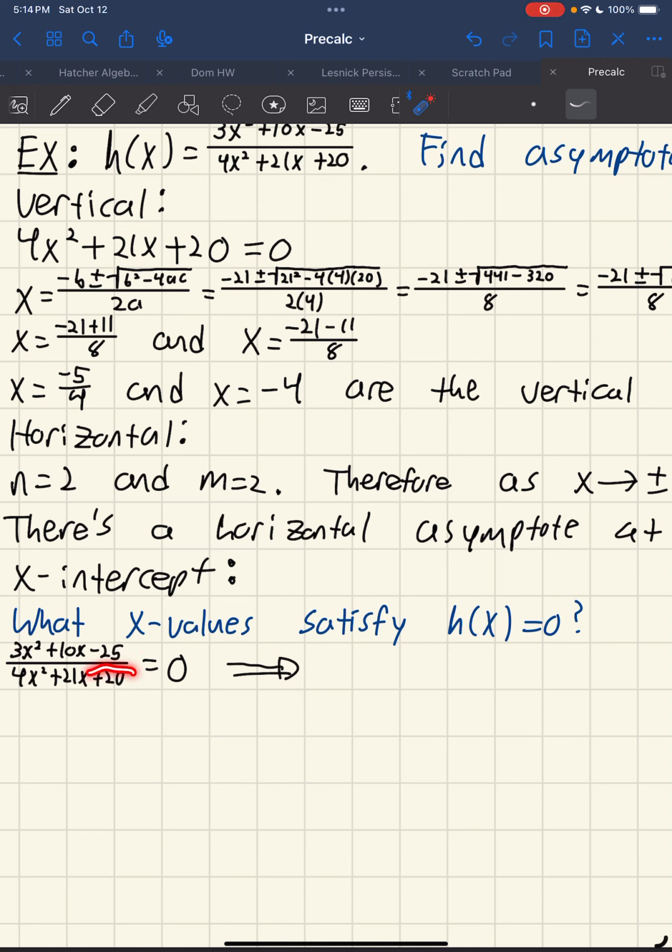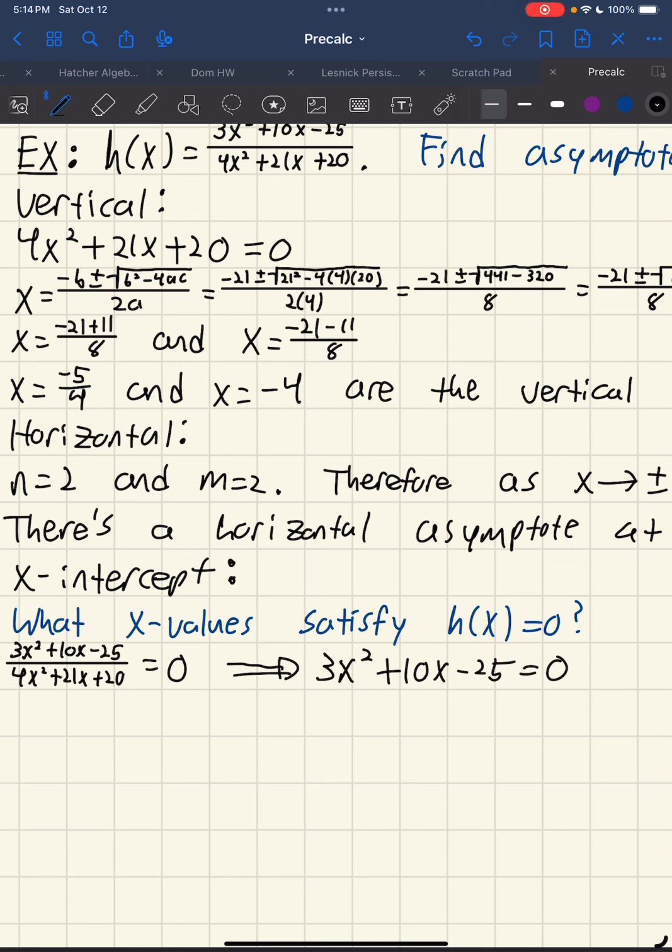Because the denominator of a fraction will never affect it being 0. The denominator can never be 0 to begin with. It'll never make or break the fraction being 0. What determines a fraction being 0 entirely is just what's happening upstairs. So if this whole fraction is equal to 0, the only way that can happen is if the top is equal to 0.